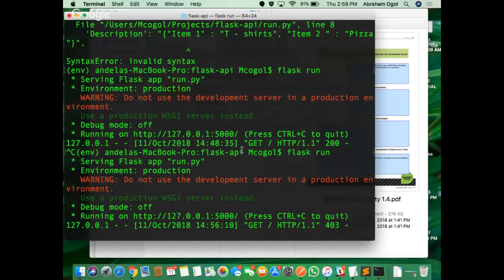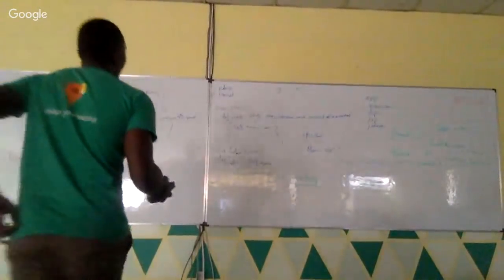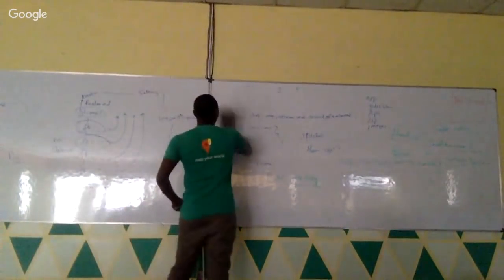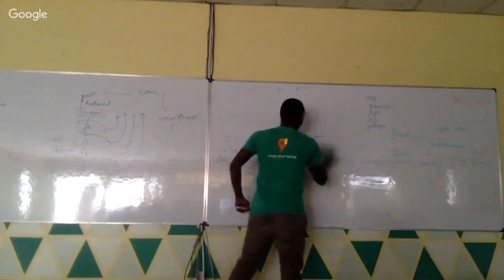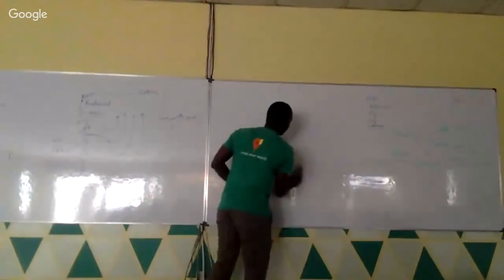So I want us to consider two different scenarios, and that's why I'll break it down here. Let us first consider what an API does and how it works.